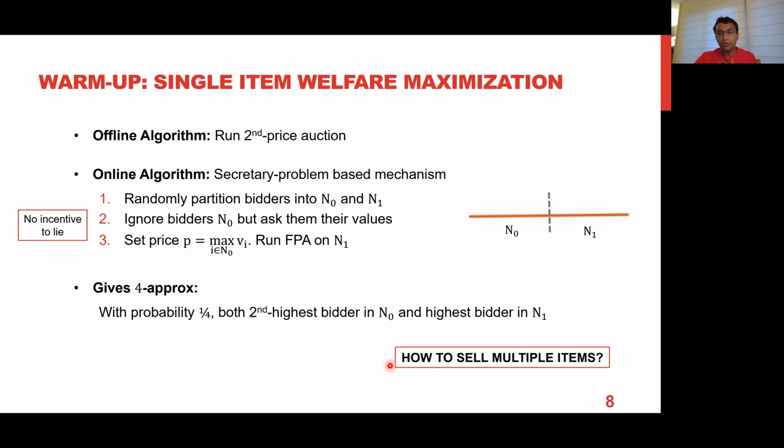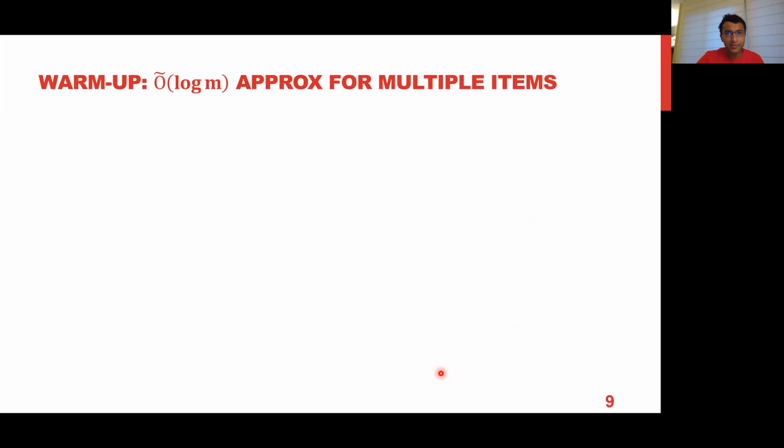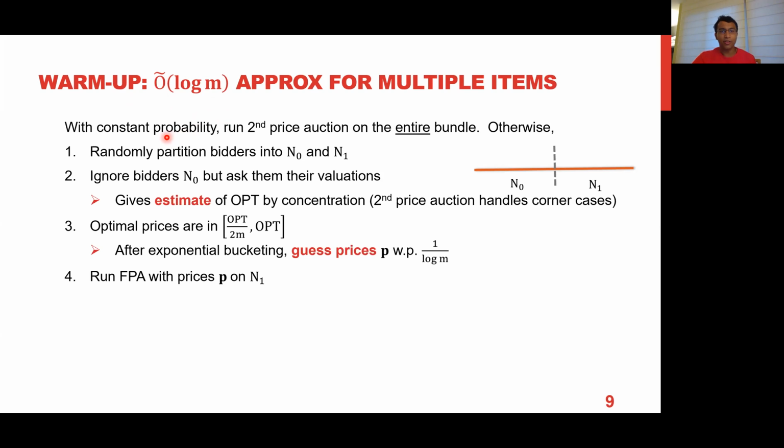But now, how do we go about selling multiple items? Here's another warm-up exercise, which gives you roughly a log m approximation for selling multiple items. Again, you randomly partition the bidders into two halves, N0 and N1. Bidders in N0, you don't allocate any of the items.